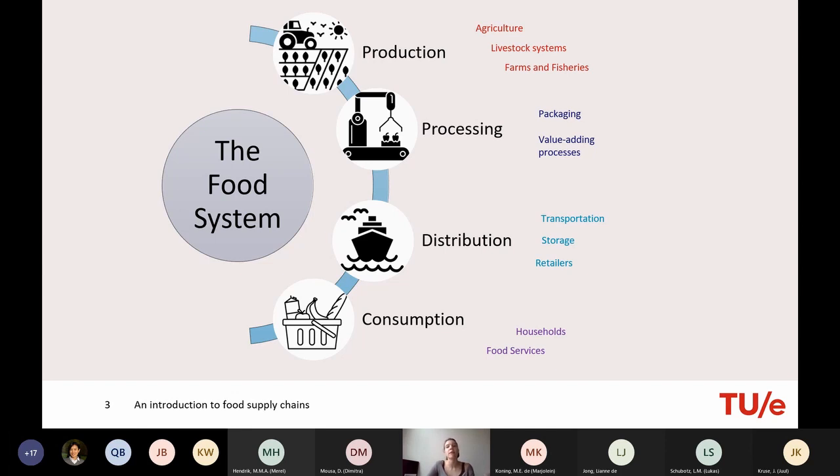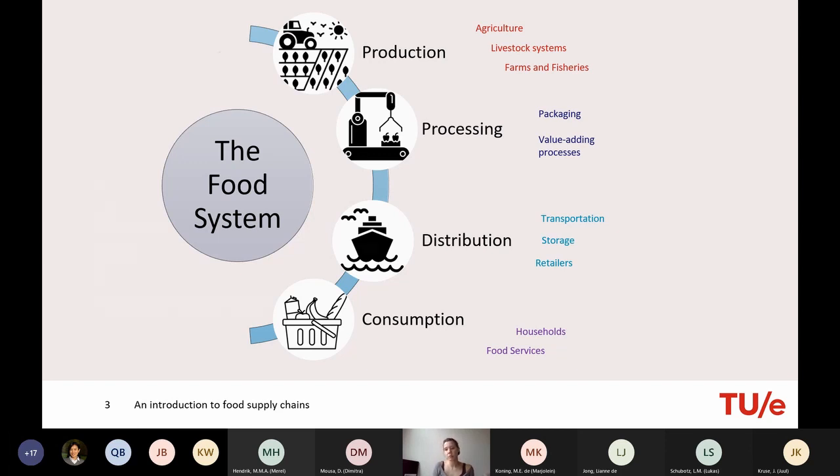Processing can be, for example, packaging and cleaning of products, but it can also be value-adding processes. That means, for example, turning flour into bread, making pizza, all these kinds of higher value products out of basic ingredients.